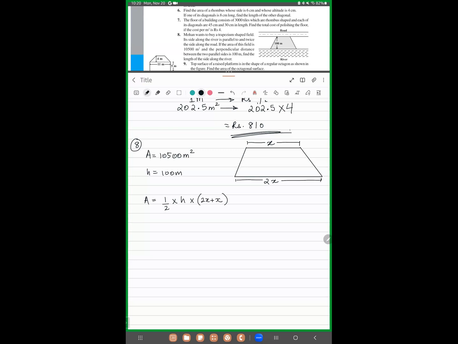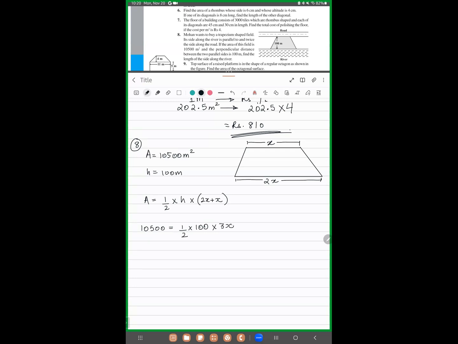So here we have area, which is 10500, equal to half into h, which is 100, into 2x plus x. How much? 3x.